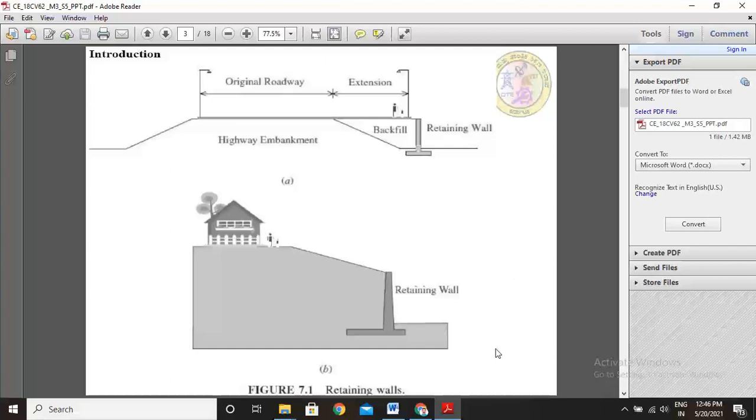To minimize cracks and to protect the sloped structure, we construct retaining walls. That retaining wall is related to the lateral earth pressures.